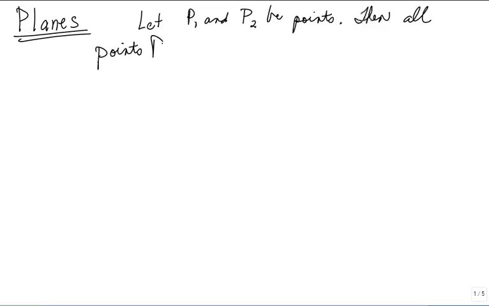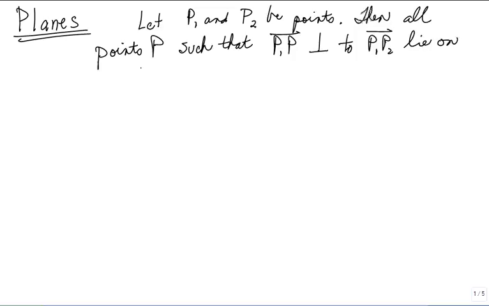So let P1 and P2 be fixed points. Then all points P such that the vector P1P is perpendicular to P1P2 lie on a plane.